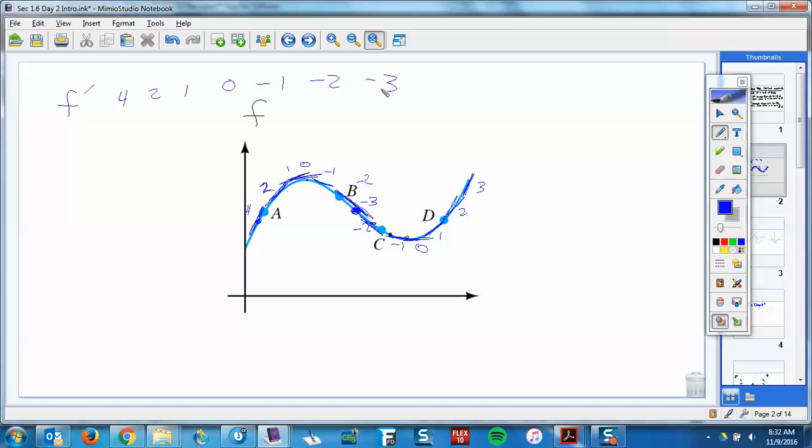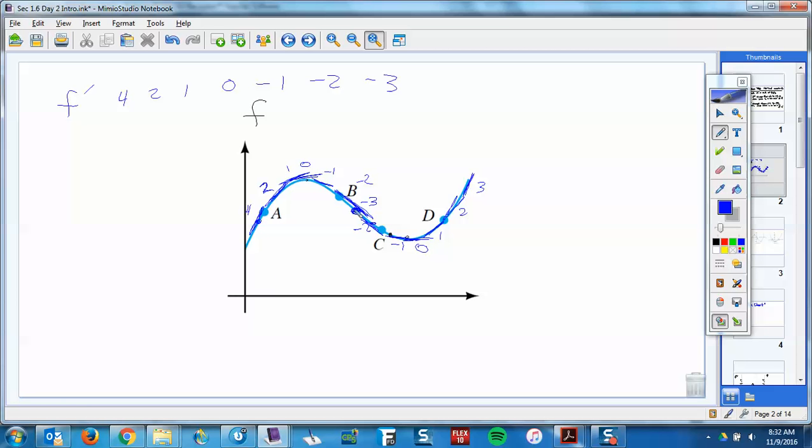So whenever I think of decreasing, I always have to remind myself there's 2 types of decreasing. There's positive and getting less positive, 4, 3, 2, 1. And there's negative and getting more negative, right? -1, -2, -3, -4. That's also decreasing, right? So that's what these slopes are doing. But look what's happening that whole time.